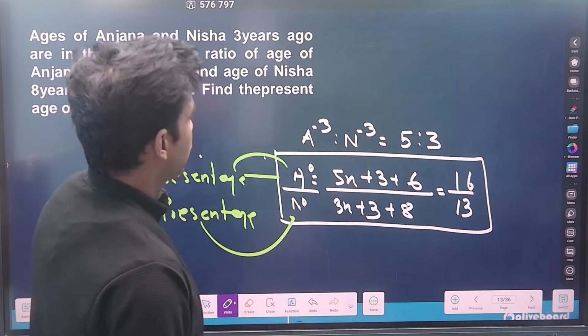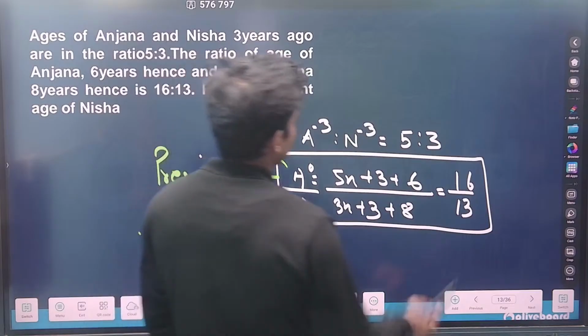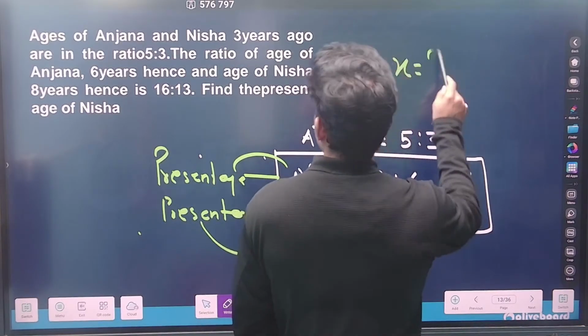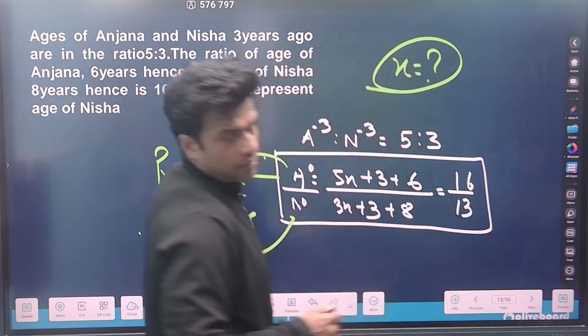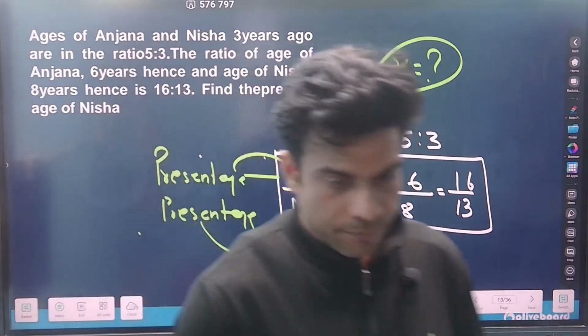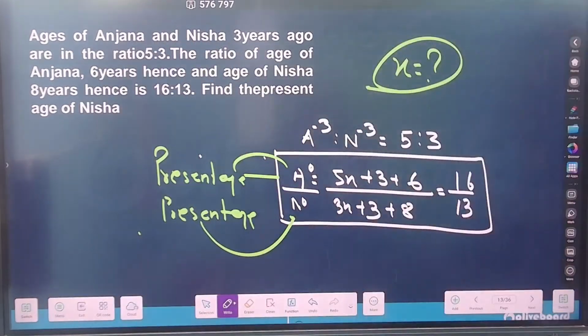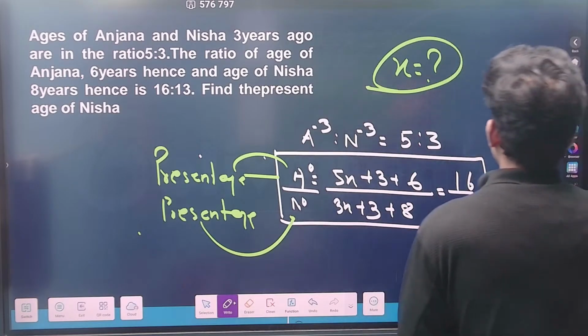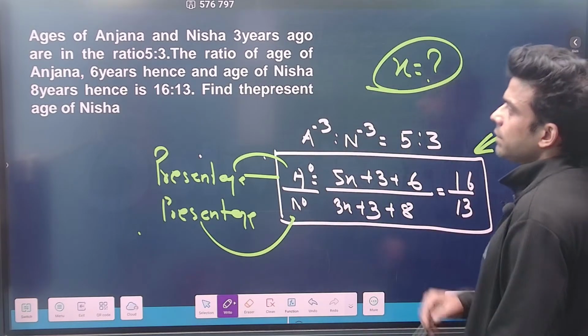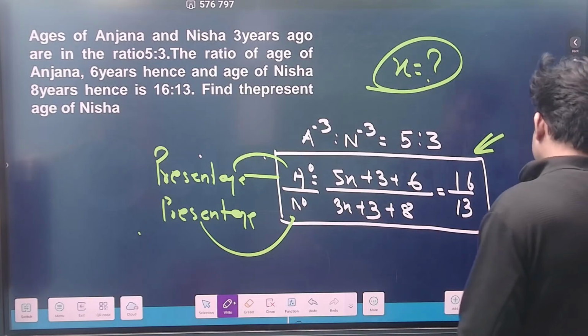Correct now. And from here you need to take out the value of x. That would be your answer. Can you guys comment that you can figure out the value of x from here? This is a kind of homework that you can try.